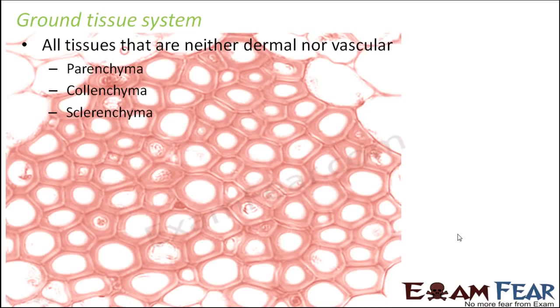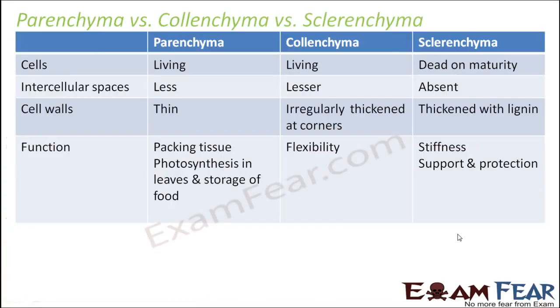Again, in leaves, the middle layer inside the leaf is made up of ground tissue. So they are present in many different parts of the plant. I will not discuss each of them again in detail because we have already discussed them, so we will have a quick recap or comparison between the three.